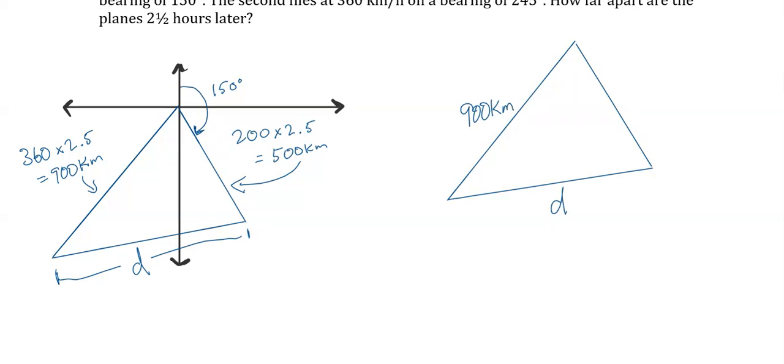And this is 500 kilometers. What do I need to find D? Because we're not given it directly, but we can solve it with the stuff that we have done. I'm missing one measurement here. Zach? You need the angle in between 900 and 500. So how am I going to find that? Sarah, do you know how to find that?